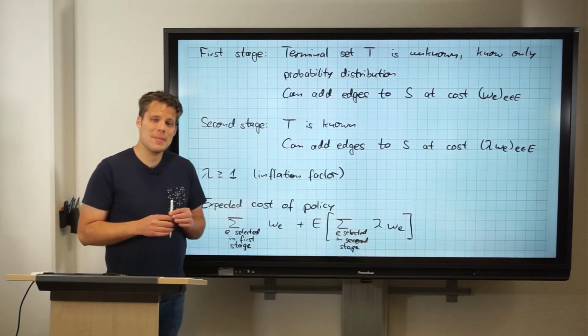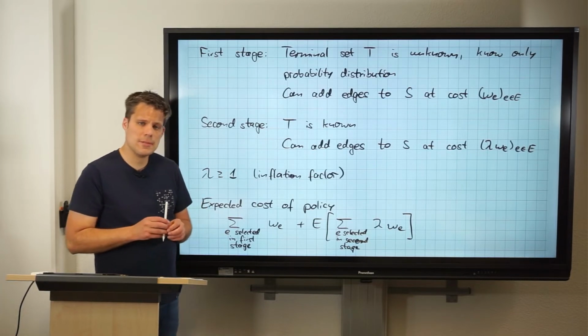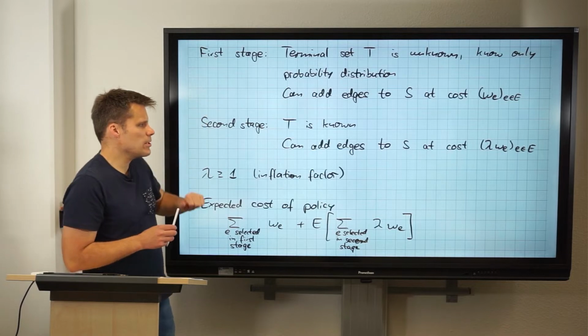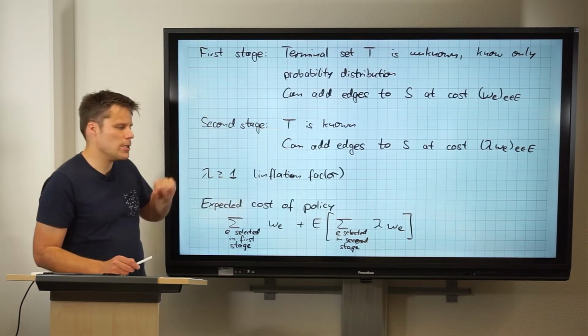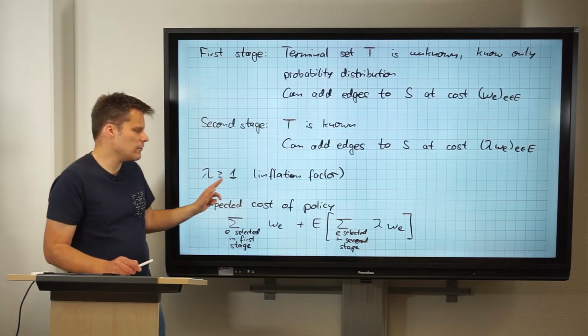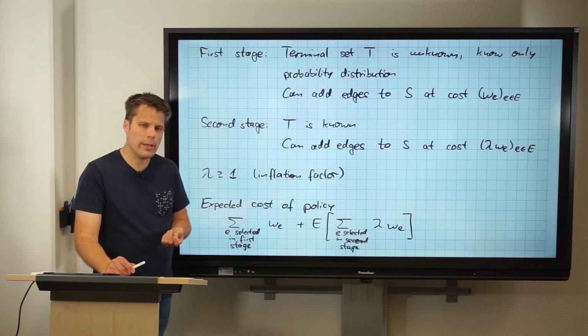So this problem is very similar to the set cover version that we've seen before. So we'll also have two stages. In the first stage, we don't know what to cover. In the second stage, we know what to cover. What is different now is that we have this uniform inflation factor, lambda, which is at least 1.